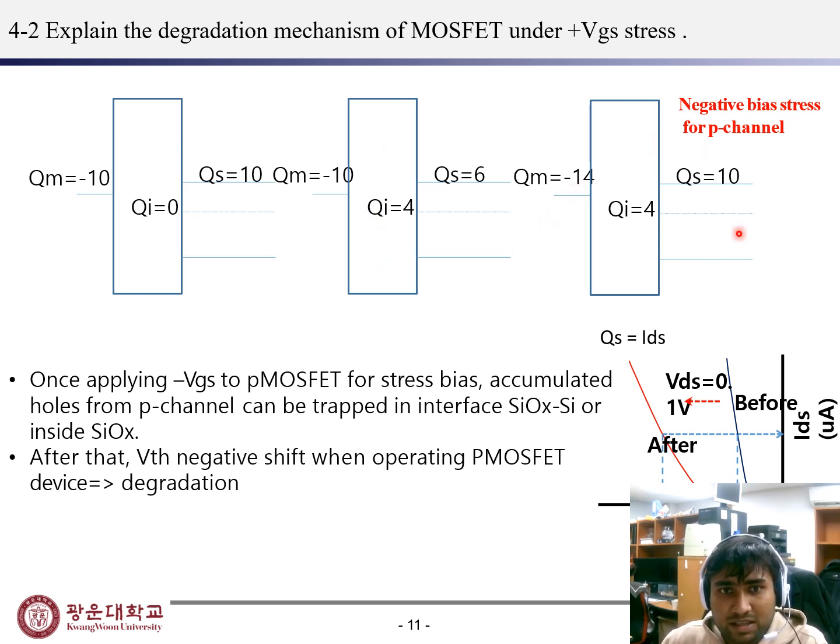In this way, the threshold voltage has a negative shift when operating, causing MOSFET device degradation.